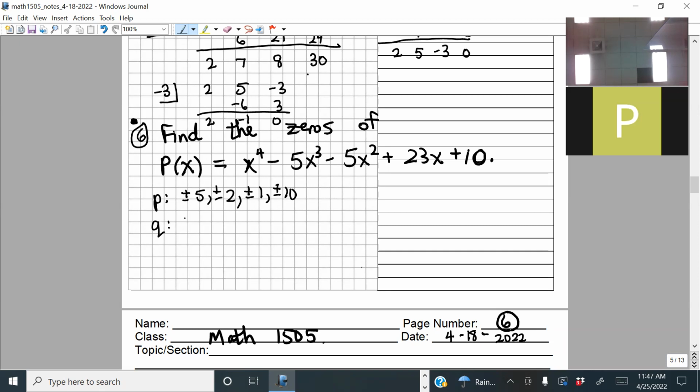Just 1, so that works out nicely. So what about the rational zeros? It's got to be just these divided by 1. So you have plus or minus 5, 2, 1, and 10. So to start, it's got to be one of those. How many is that? 8 possibilities.